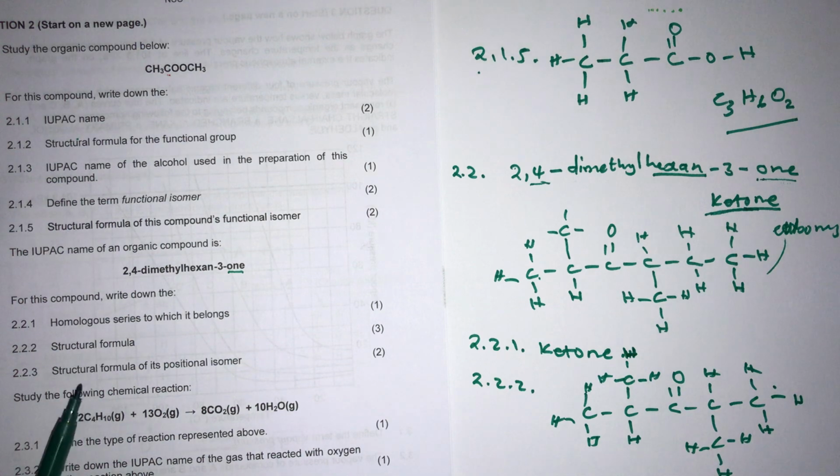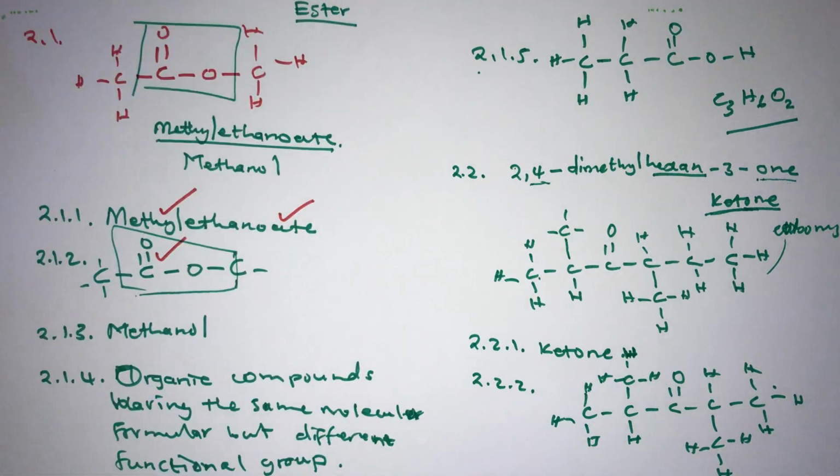So let's check now 2.2.3, you write down the structural formula of its positional isomer. So here we have the positional isomer. They are not talking about the functional isomer. So positional isomer is different from the functional isomer. So let's open a new page.